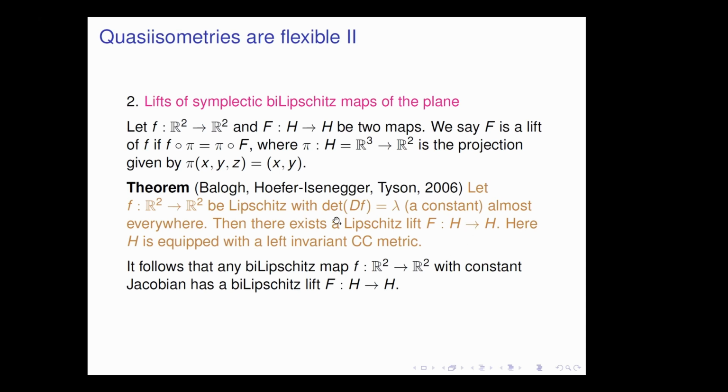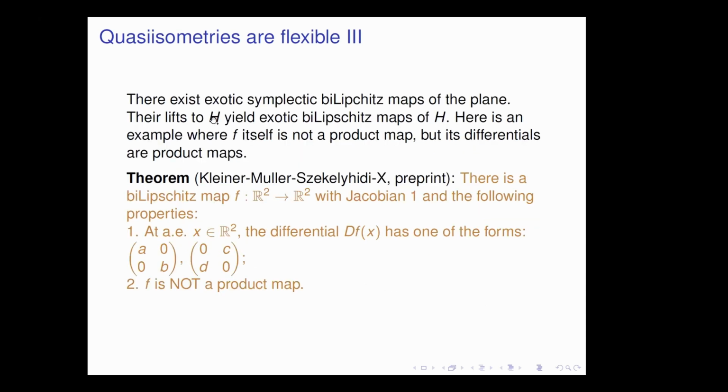So you can use this theorem to construct many bi-Lipschitz lifts. If little f is bi-Lipschitz, then the lift will be a bi-Lipschitz map of the Heisenberg group H. So there exist exotic symplectic bi-Lipschitz maps of the plane, and their lifts to the Heisenberg group will give rise to exotic bi-Lipschitz maps of the Heisenberg group.